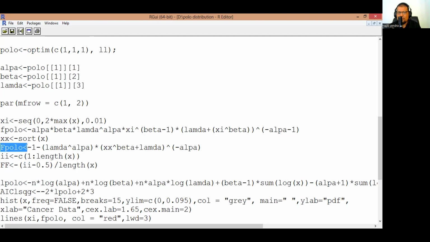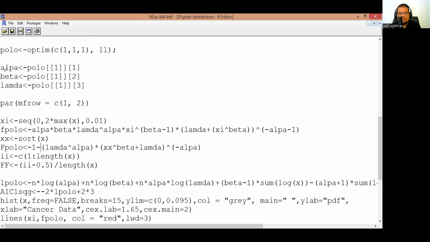The cumulative model we can find in equation 12. You must remember in the density function we use xi, but for the cumulative function we use xx. xx means sort x, the data sorted from the smallest until the biggest one.